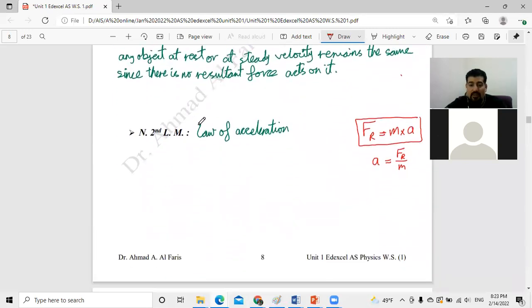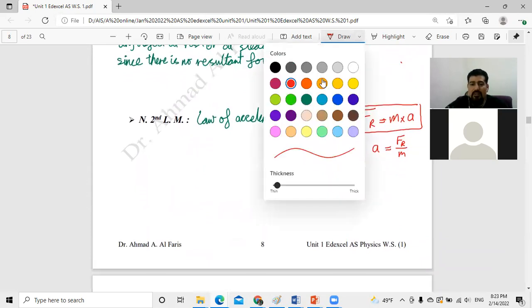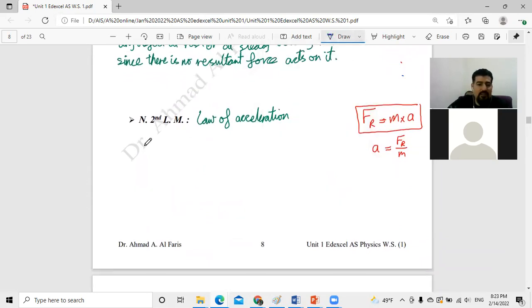So what does Newton's second law say in words? The acceleration of any object is directly proportional to the resultant force acting on it, and inversely proportional to its mass.